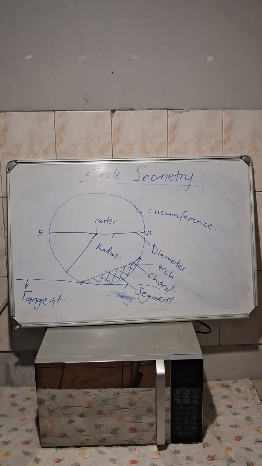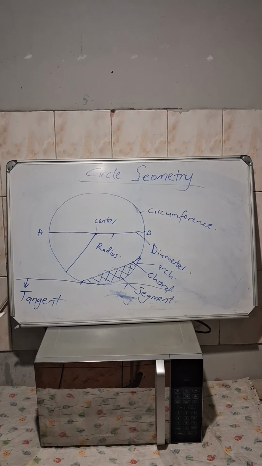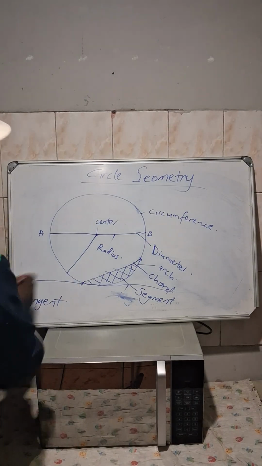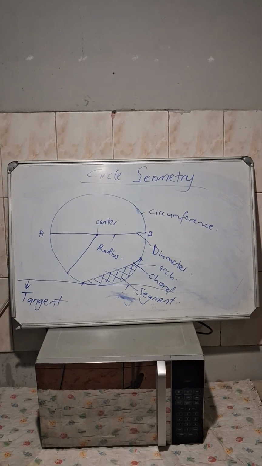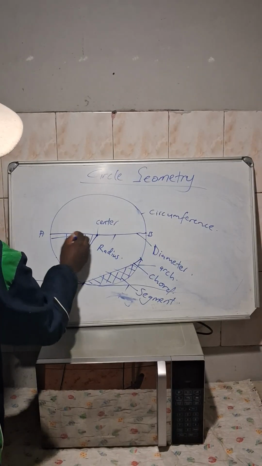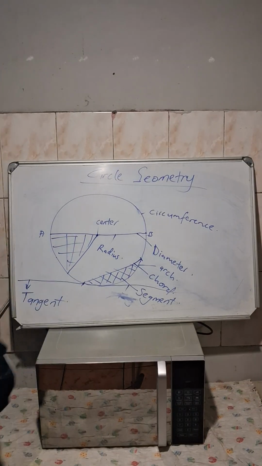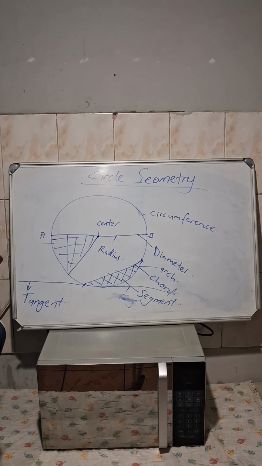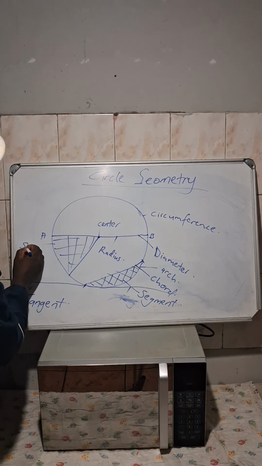So I can draw another radius so that you can understand what I want to explain. Once I draw this radius, we have this area that I'm going to shade. So this shaded area, we call it a sector.